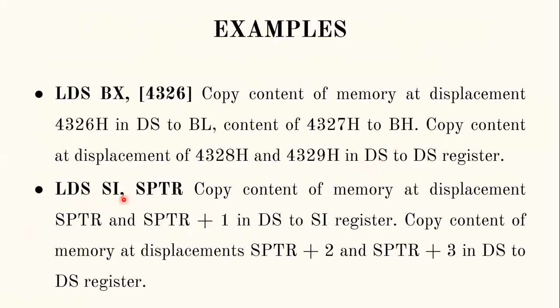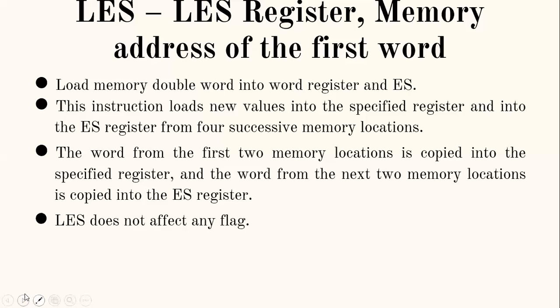Similarly, for LDS SI, [SP], SP is the stack pointer, which points to the top of the stack segment. The content of the top of stack, two consecutive locations in the stack segment, is copied into the SI register. Then the next 2 bytes are copied into the DS register. So LDS stands for load DS.